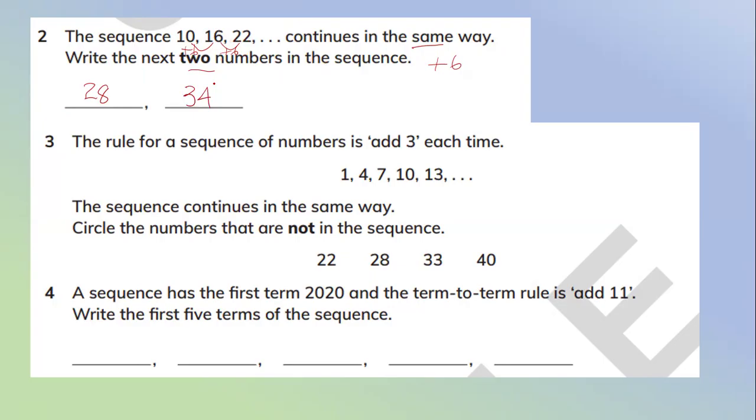Okay, number 3, the rule for a sequence of numbers is add 3 each time. So 1, 4, 7, 10, 13. The sequence continues in the same way. Which of the numbers are not in the sequence?